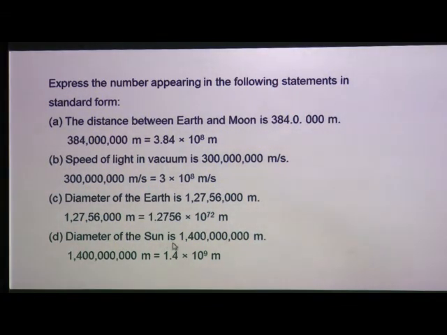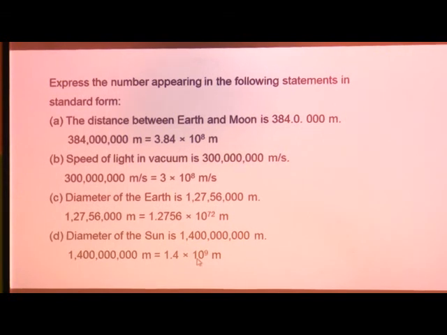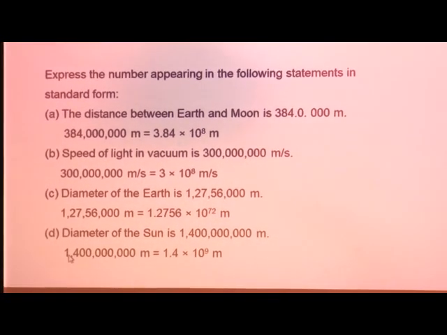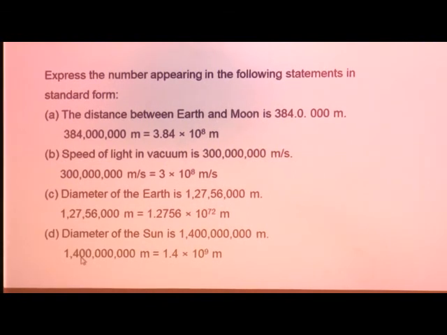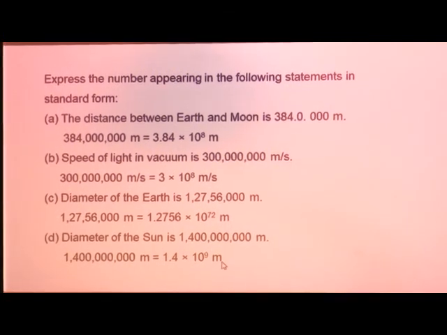The diameter of the sun is given in the international system as 1 billion 4 million. So, we will write it as 1.4 times 10 raised to the power of 9, because after putting the decimal point at 1.4, the number of digits is 9. So, we write 10 raised to the power of 9 meters.